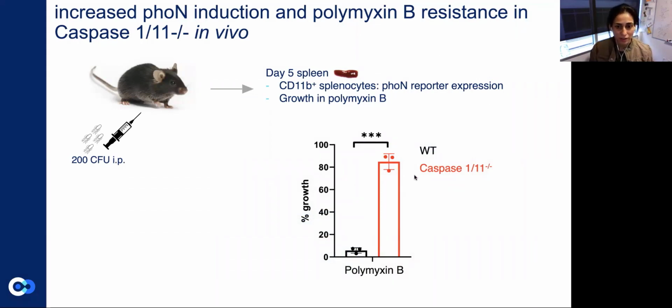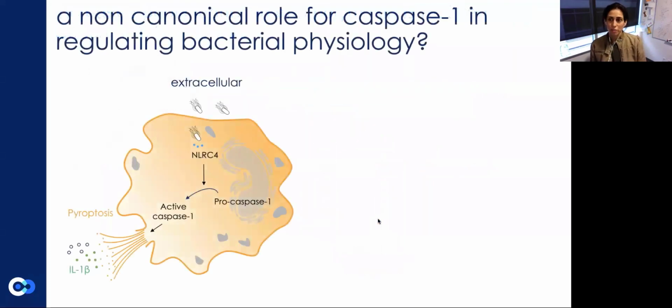In conjunction with 4N induction, we also cultured these intracellular bacteria in polymyxin B. And again, what we find is that intracellular bacteria isolated from the caspase-1 knockout have higher resistance to polymyxin B compared to those isolated from wild type mice. And so, we're still working on this. This is still work in progress, but a working model right now is this.